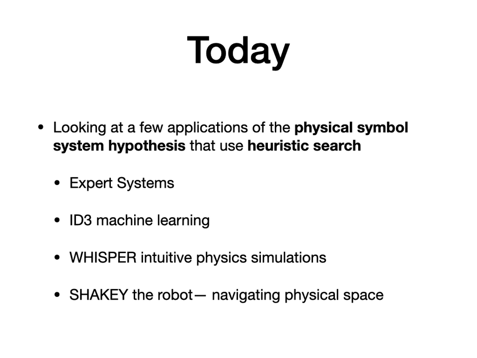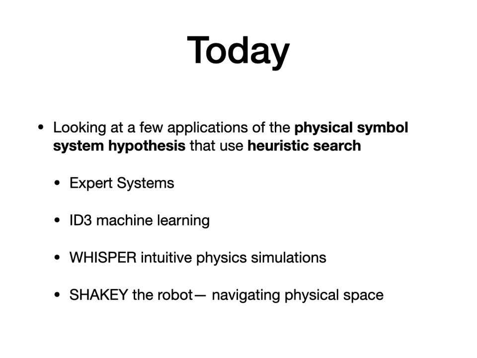So today, like I said, we'll look at some applications of physical symbol systems that really highlight the use of heuristic search, right? The other half of how a physical symbol system achieves intelligent action. So we'll talk about expert systems, ID3 machine learning, which is related to those same expert systems.